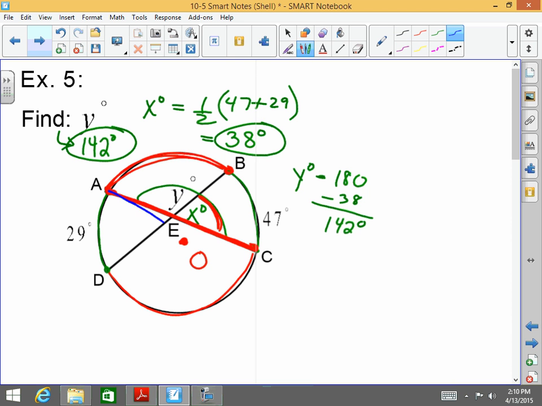If I had it like this, and then I told you that from here to here was 47, then absolutely, AB would be equal to angle Y here, but it's not. It has to go through the center for it to be a central angle. Does that make sense? Are you sure? Yeah. Thank you.